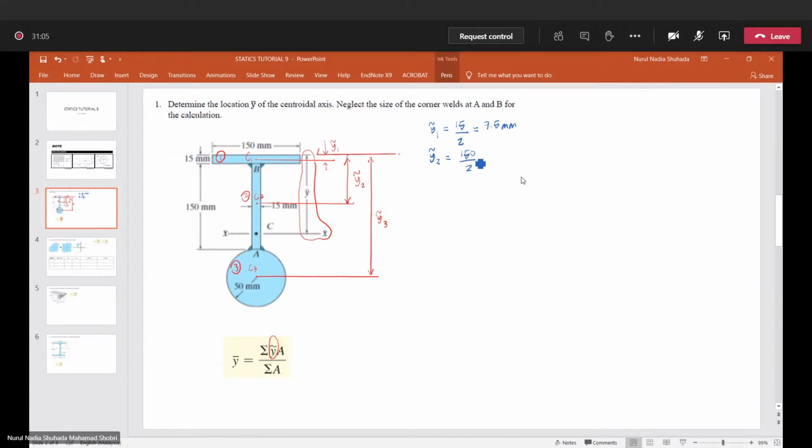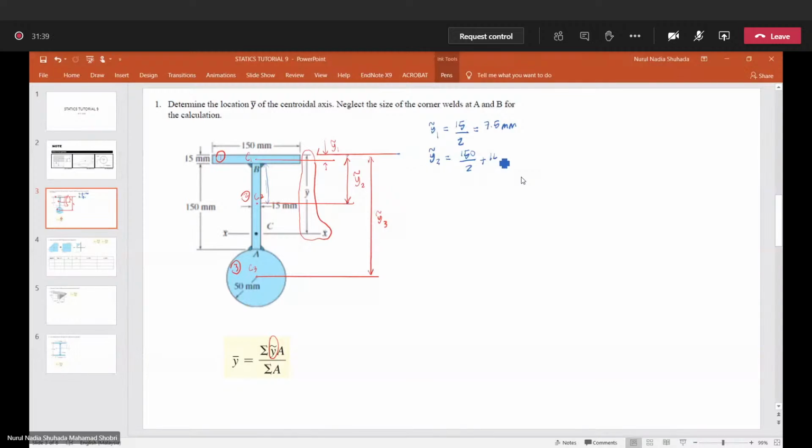This 150 divided by 2 is only from here to here, so you have to add the length of segment 1, because we want the value to reach the baseline here. You add 15, then you will get 90 mm.